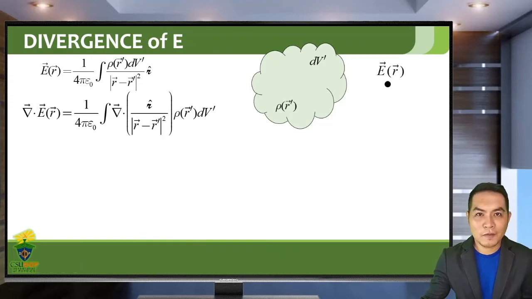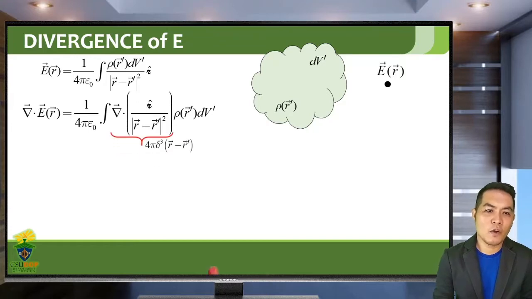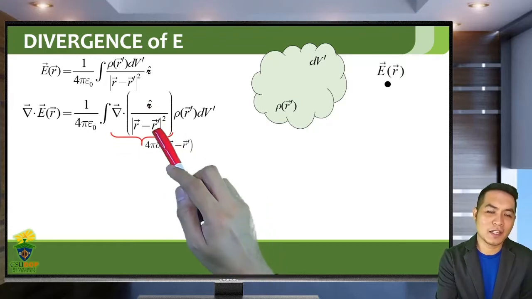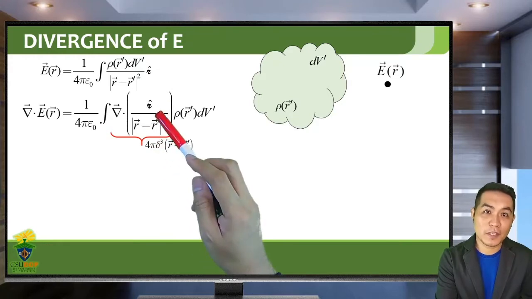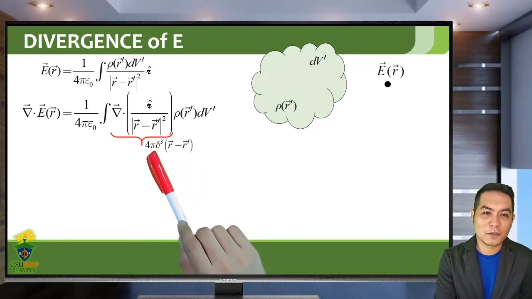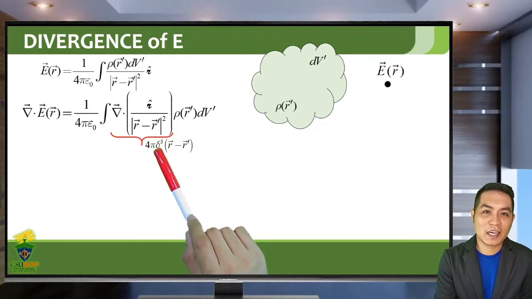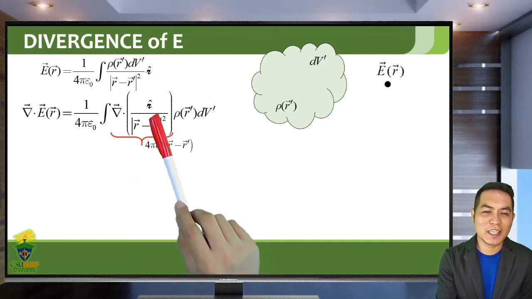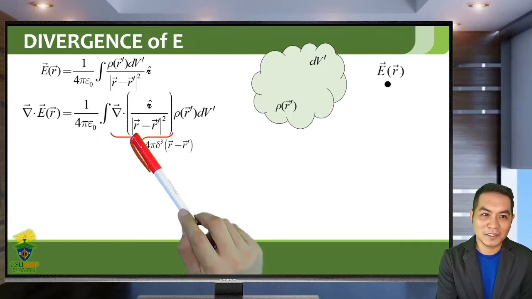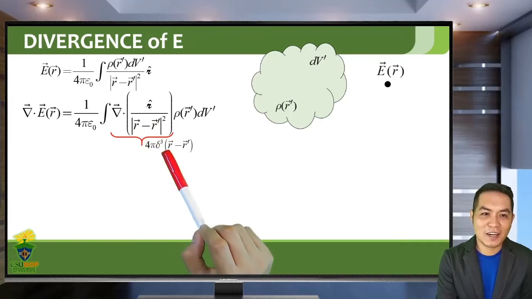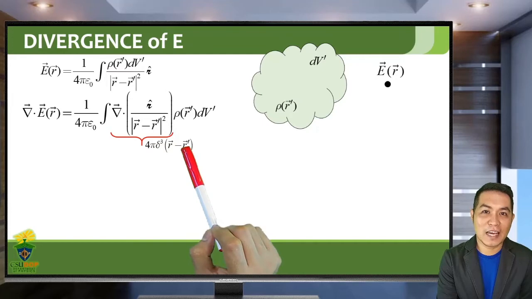Now, I don't know if you recall, but you have discussed this in your mathematical physics, that the divergence of 1 over r squared r hat, the divergence of an inverse square function, is just equal to 4 pi times the Dirac delta function, r minus r prime. So actually the divergence is 0 everywhere except at r equal to r prime, at the origin.